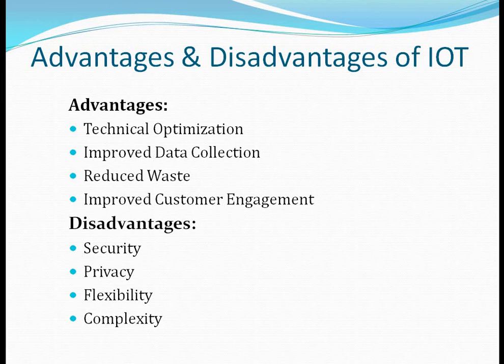Third one, reduces waste. IoT provides real-time information, leading to effective decision-making and management of resources. For example, if a manufacturer finds an issue in multiple car engines, he can track the manufacturing plans of those engines, which solves issues with the manufacturing belt.